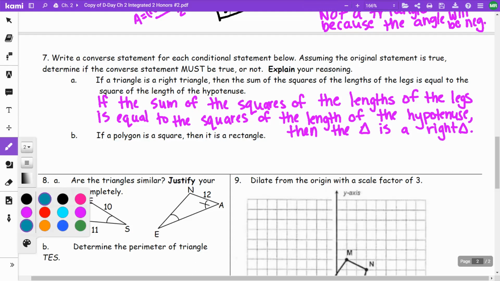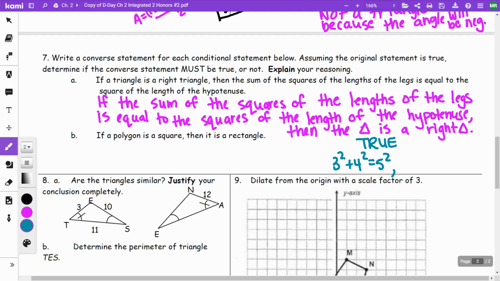And that is true. So anytime you are doing like 3 squared plus 4 squared equals 5 squared, which is true, that means you have a right triangle. That is going to be a true statement.